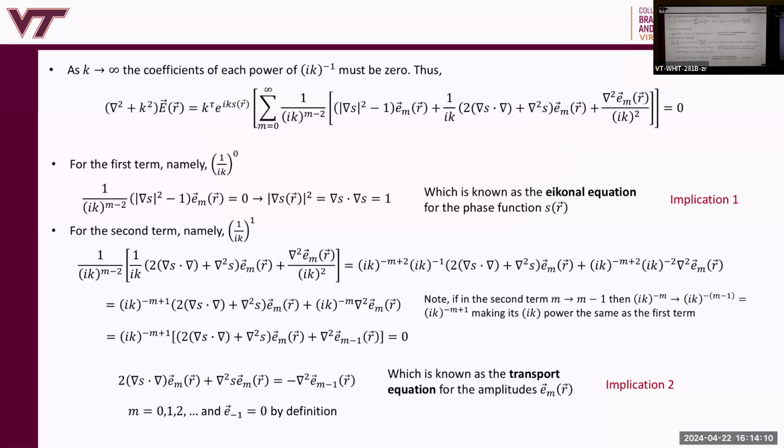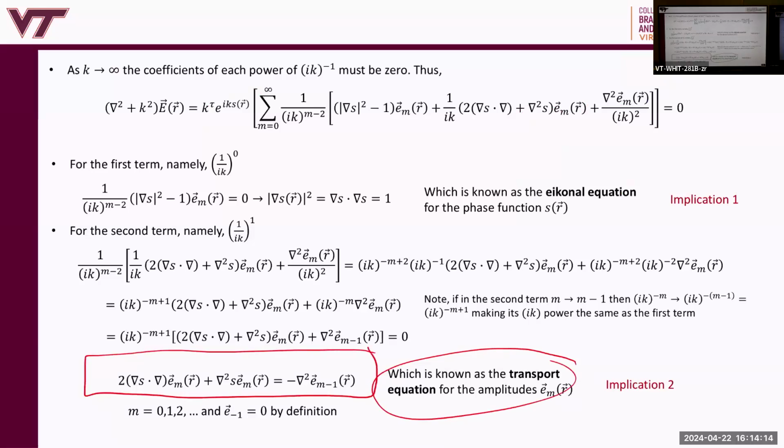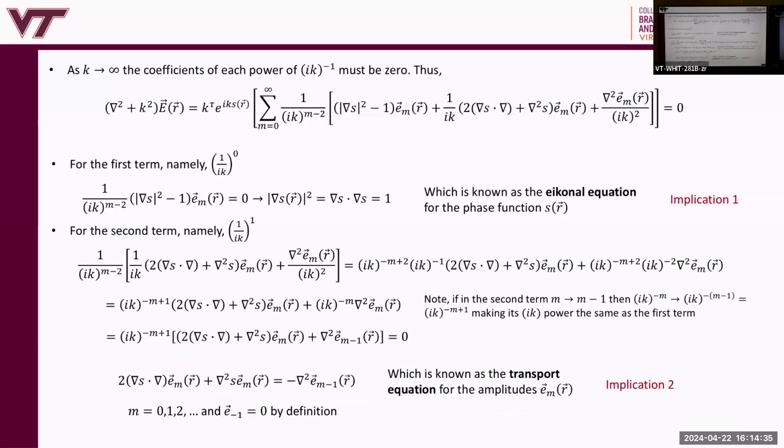Then there was the transport equation, which was a differential equation that we derived, that we also solved, which told us how to calculate the variation of the amplitude along the ray, right, of the electric field. We're only concerned with the zeroth order solution or the leading term of the Luneburg-Kline expansion in this course. So it told us how the amplitude changes along the ray. And what did that turn out to be?